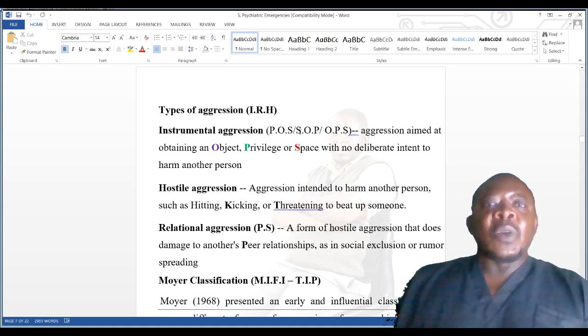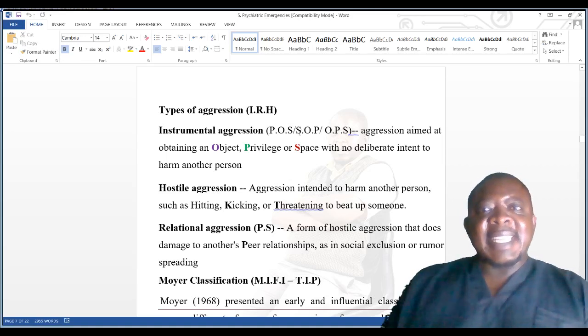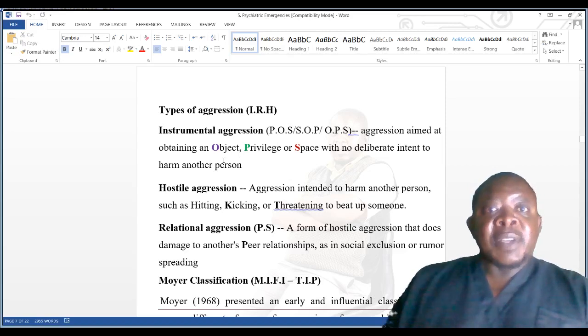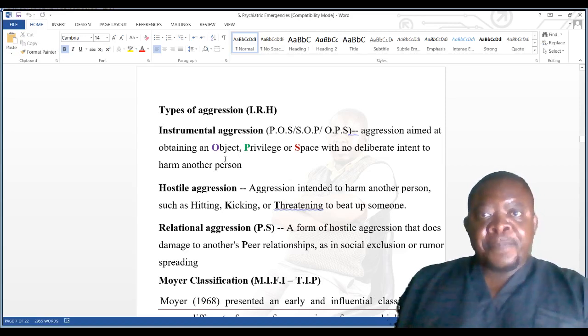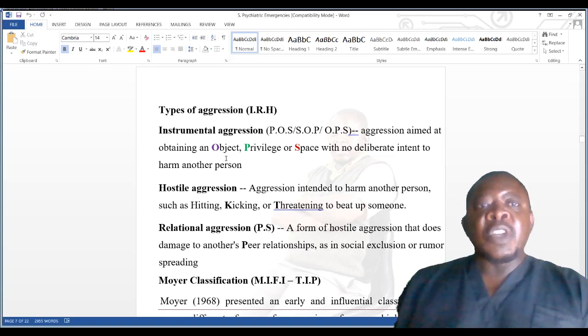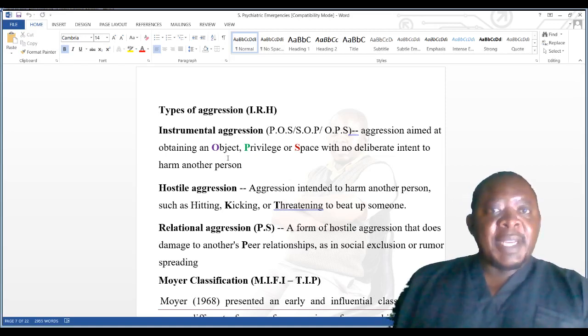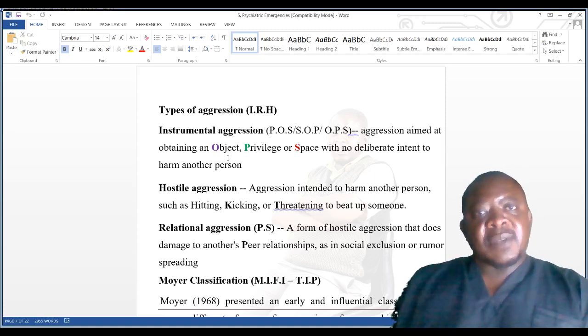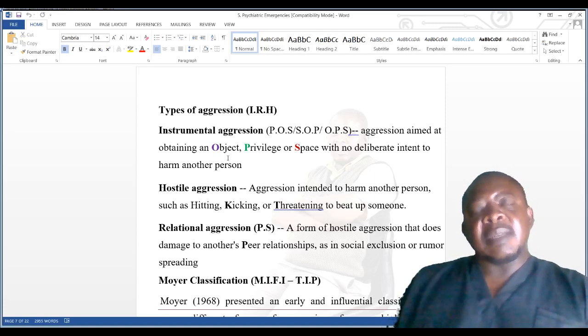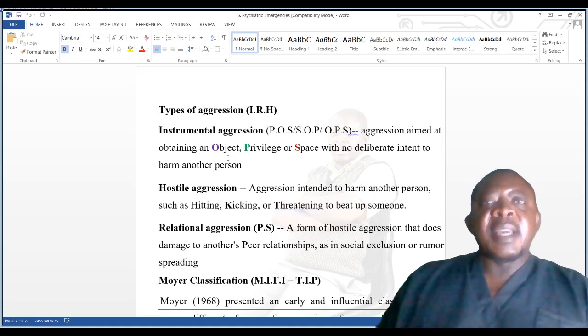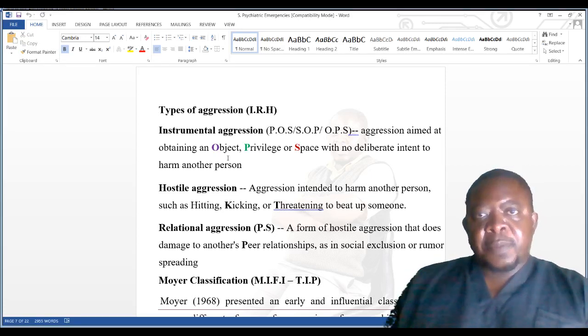Instrumental aggression is aggression aimed at POS: obtaining an object, privilege, or space, with no deliberate intent to harm another person. These are the elements we have put in the mnemonic POS, SOP or OOPS.